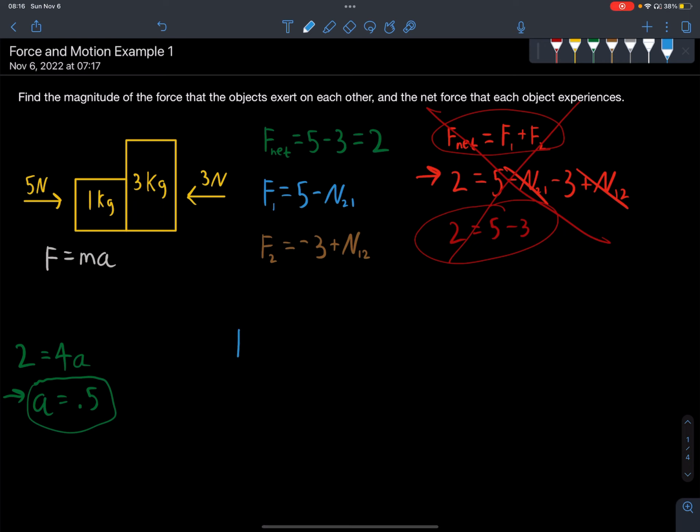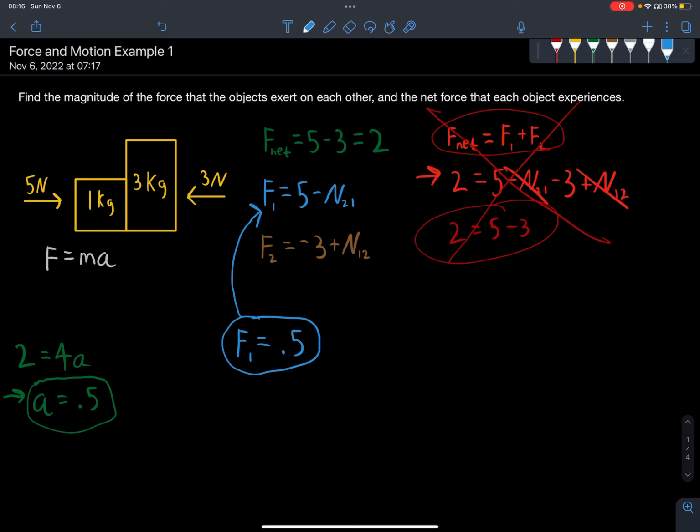So the forces on the first block should be equal to the mass of the first block, which is just 1, times the acceleration of the first block, which we know now is 0.5. So this is already simplified for us very easily. So the total force on block 1 is 0.5 newtons. And so we can sub this value in right here, and that will give us this normal force.